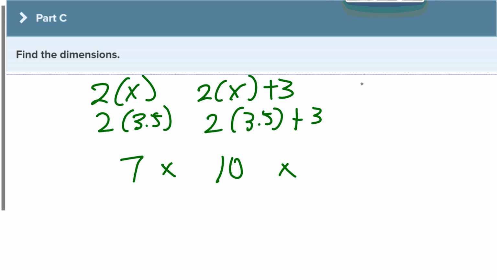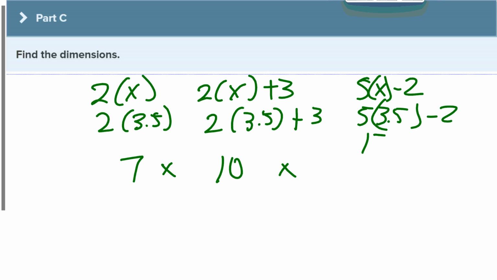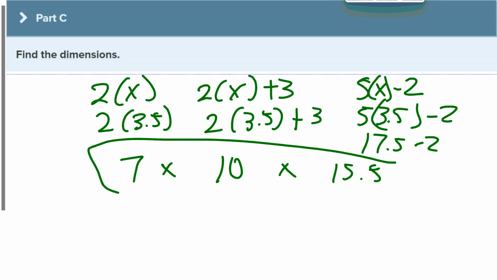Our last one is 5x minus 2, so we plug in 3.5 again: 17.5 minus 2 is 15.5. So those are our dimensions if we want 5 penguins to meet the minimum requirements.